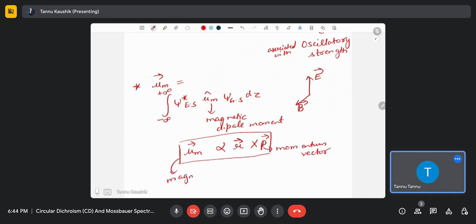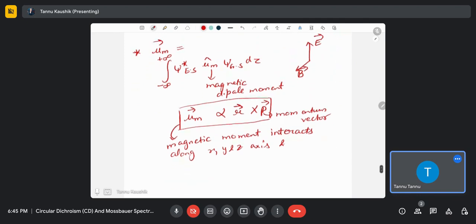So the magnetic moment interacts along x, y, and z axis along with the momentum vector.